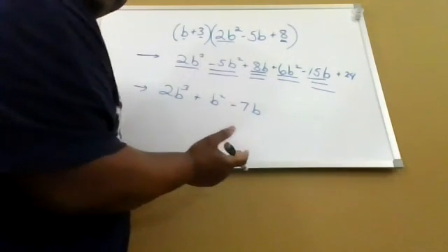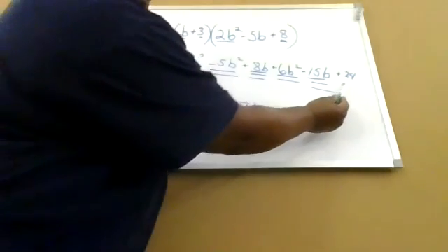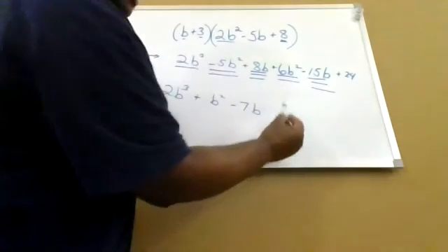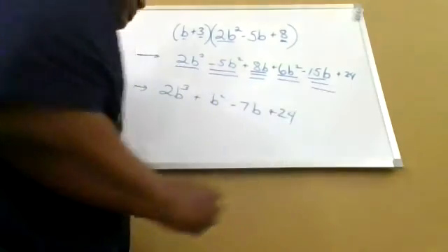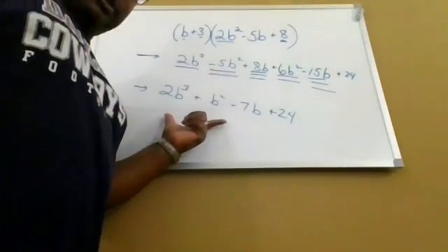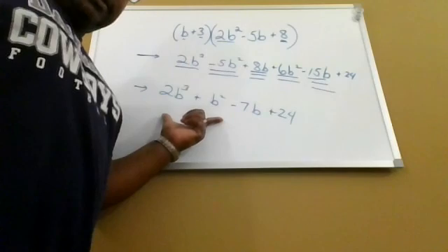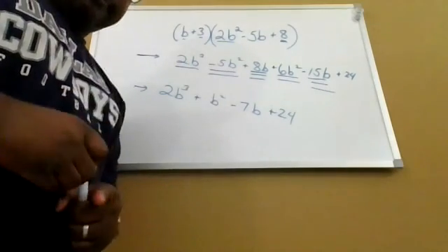And the only thing I have left is the 24 over here. So I'm going to just bring this down. And there are no other terms that can be combined. So this problem is finished also.